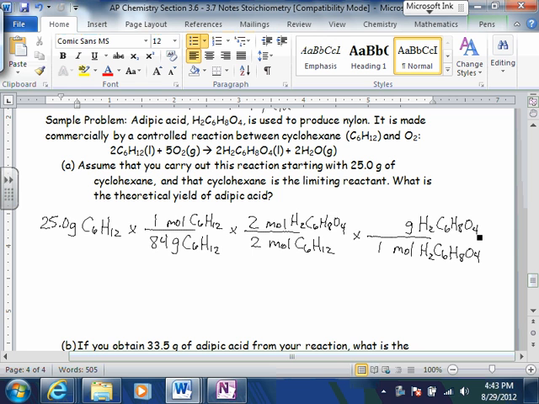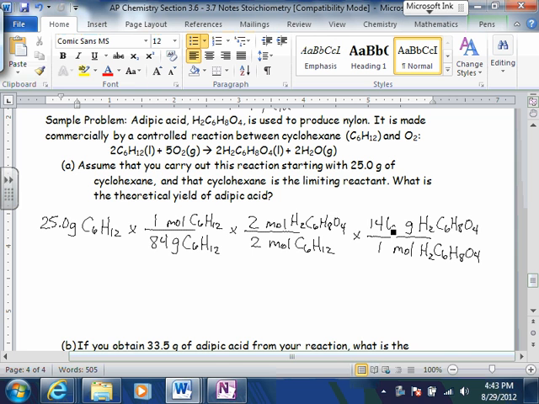So that's going to be 2 plus... It's going to be about 146 grams per mole there.